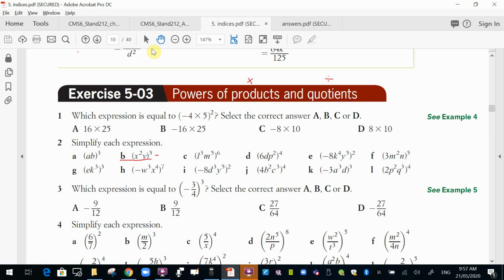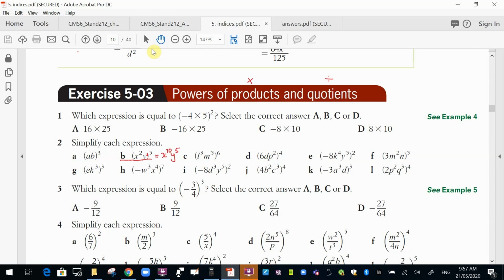So, x squared to the power of 5, and when we have powers and brackets, we multiply the powers, so that would be x to the power of 10. And y is actually y to the power of 1. So y to the power of 1 times 5 is y to the power of 5. And that's the answer to 2b.